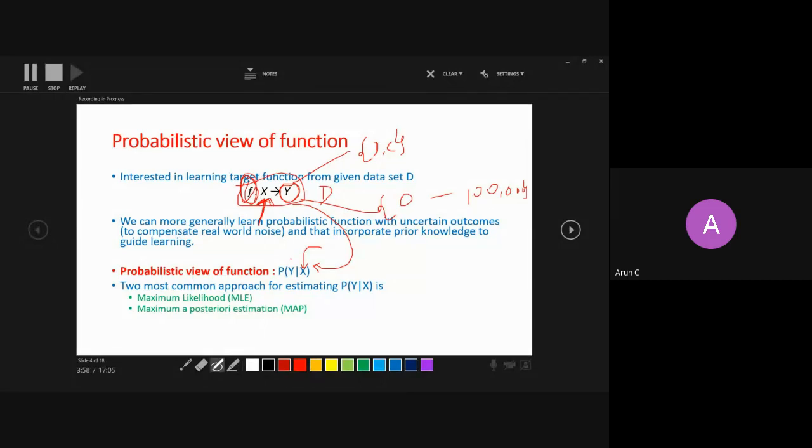So there is always a fuzziness involved. It is a more realistic approach, because even if I give you some images, they are so confusing that you yourself as a human cannot tell whether it's a dog or a cat. So how can you be sure that your algorithm always gives you a deterministic or certain answer? To model this real-world situation, we bring in the probabilistic view of a function.